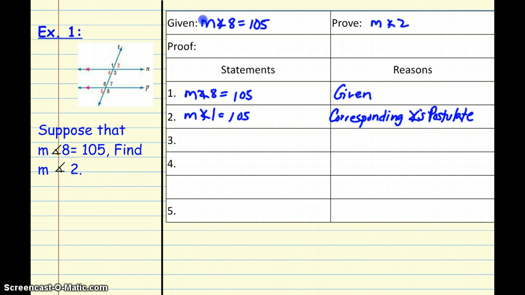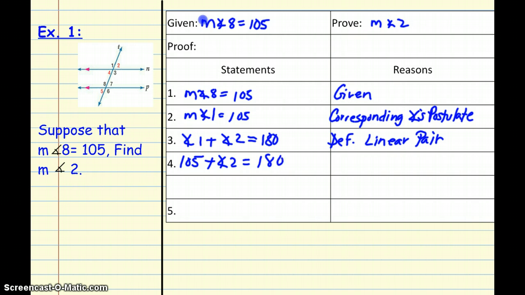Then step 3, say angle 1 plus angle 2 equals 180 degrees. And that's the definition of a linear pair. Then I know that angle 1 is 105 degrees. That's substitution.